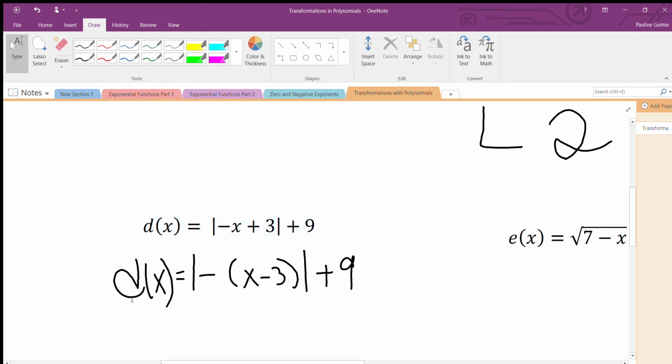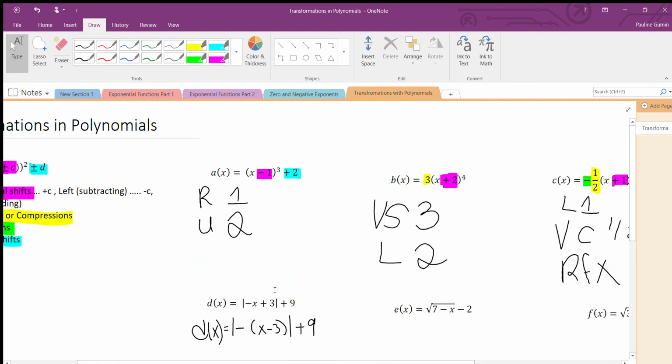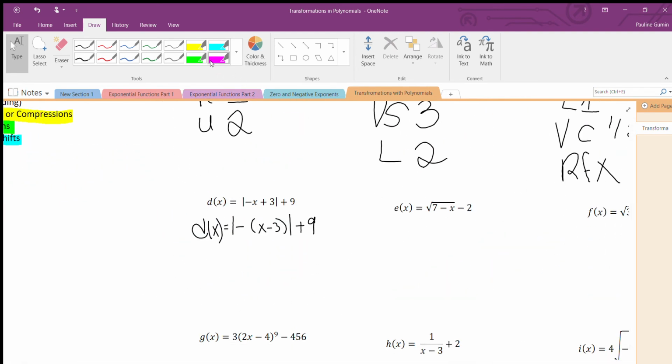Okay, now let's highlight. Okay, I have the inside -3. So that's to the right 3. I also have an inside negative. We're going to be reflecting over the y-axis. Alright, so this doesn't happen too often.